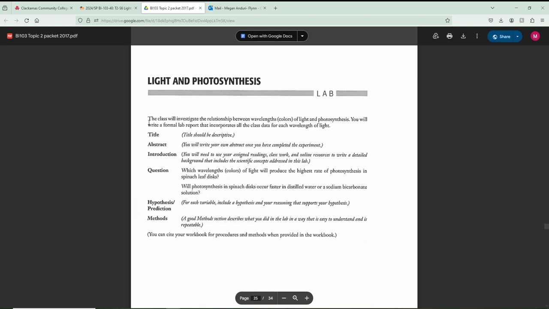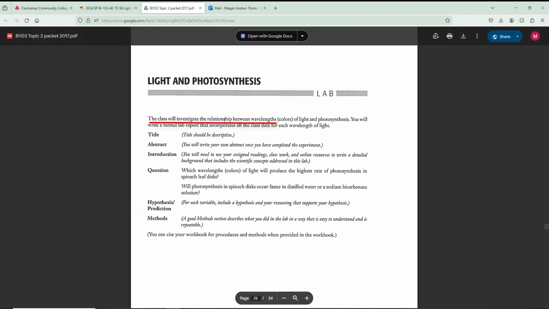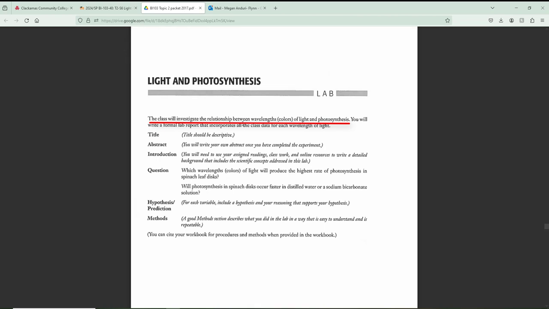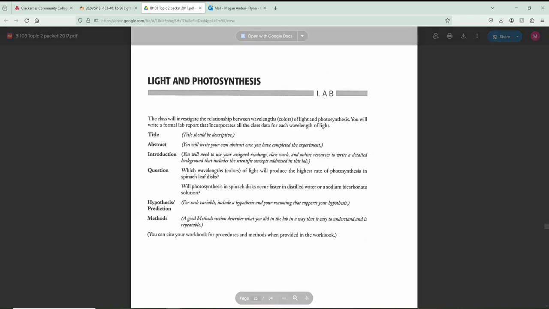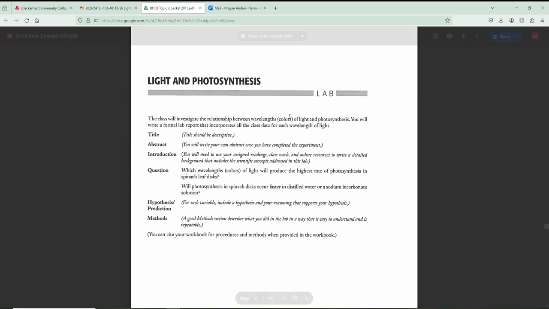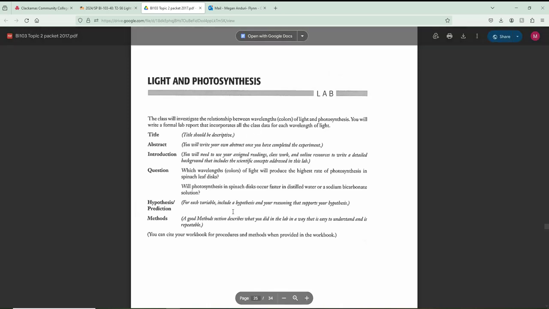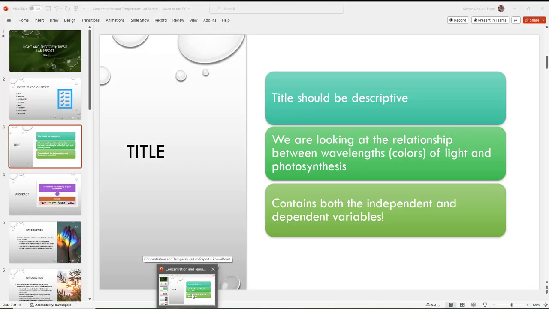So I would go somewhere along the lines of summarizing this first sentence. So maybe investigating the relationship between the wavelengths of light and photosynthesis, something like that. Basically you're going to try to incorporate the dependent and independent variables in your title.